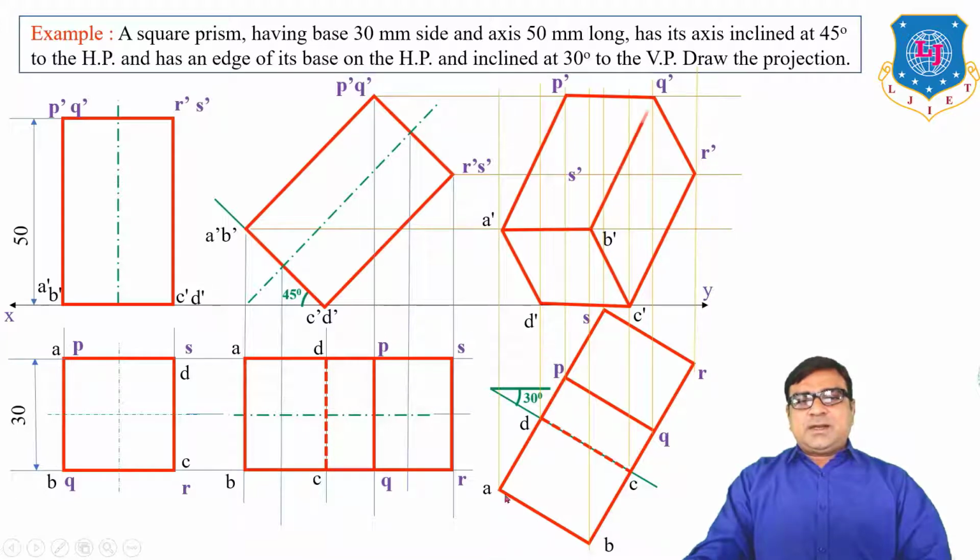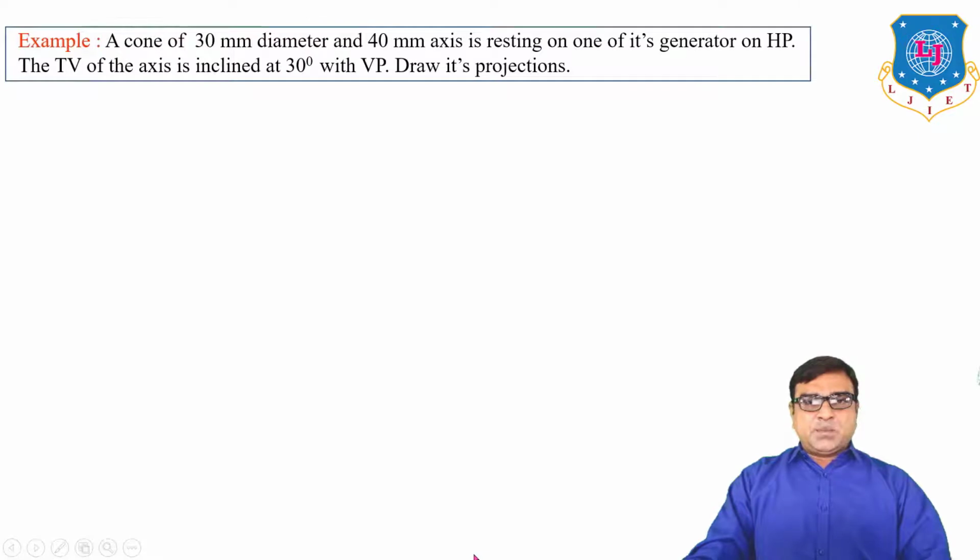Now one line is B dash Q dash. Now when the base is visible, the top is always hidden. So the remaining lines in the top, P dash S dash and R dash S dash, must be dashed lines. Now one edge of the face S dash D dash is also hidden. So this is the final front and top view of the square prism under the required conditions.